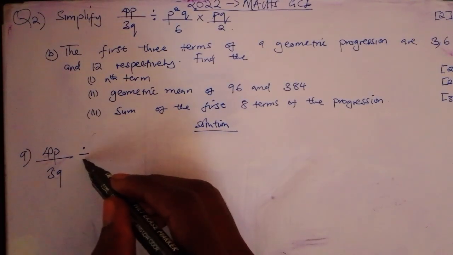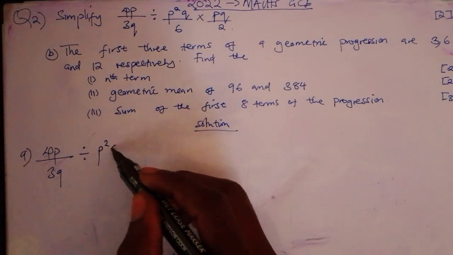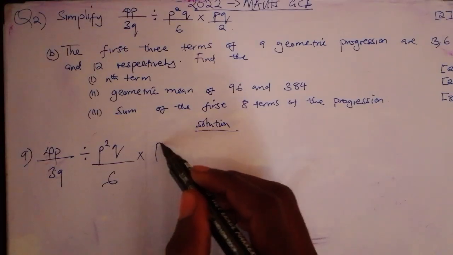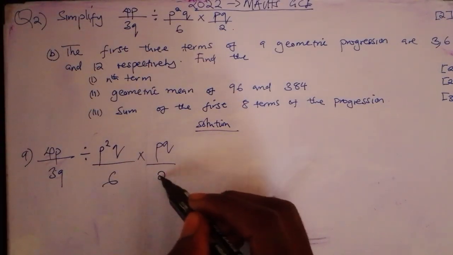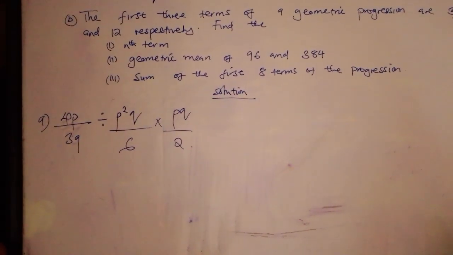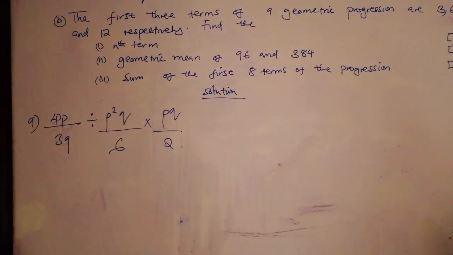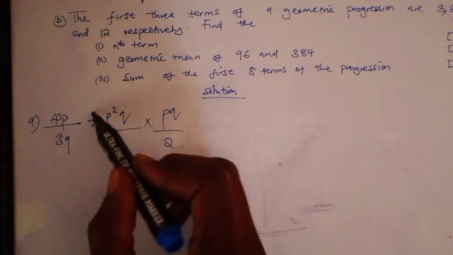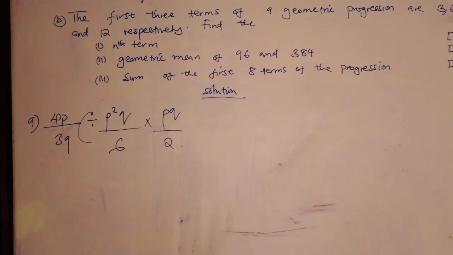So how can you simplify a question which is looking like this? There are some things which you need to understand before you start simplifying. What are those things?